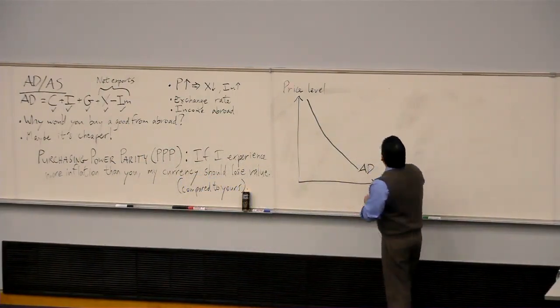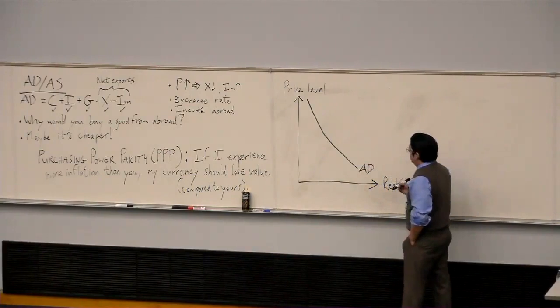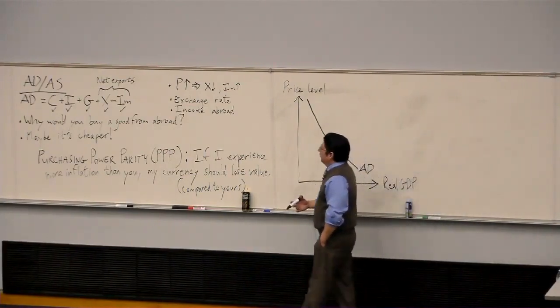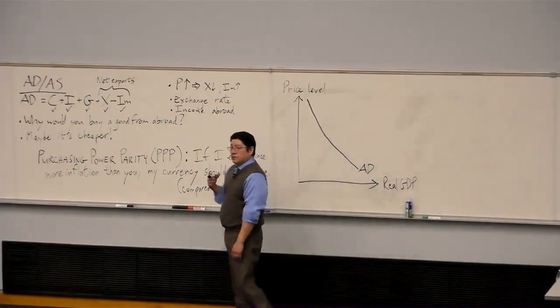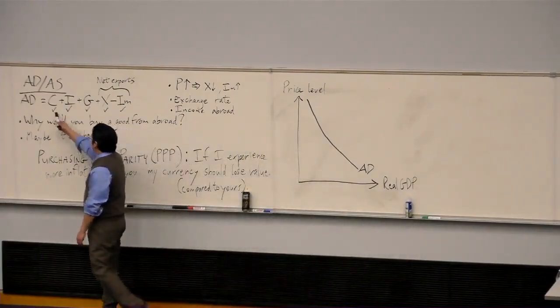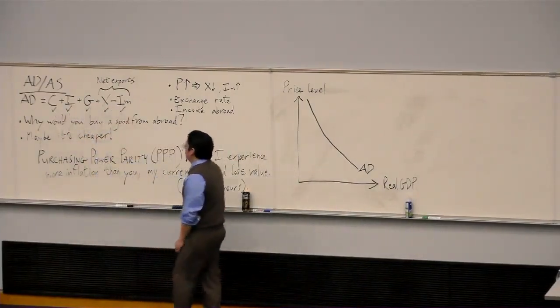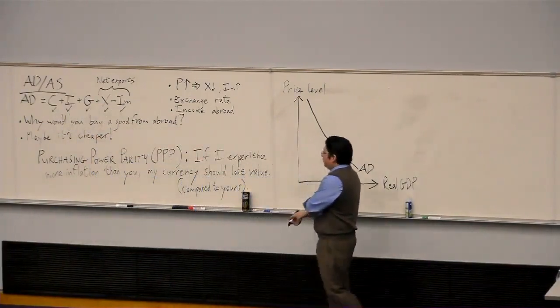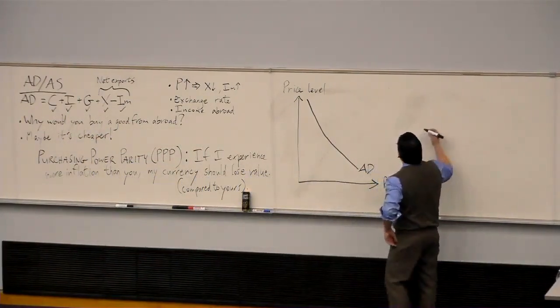In addition, we now have a long list of things that might shift the demand curve that we can construct by reminding ourselves of the different factors that affect consumption, investment, and so on.